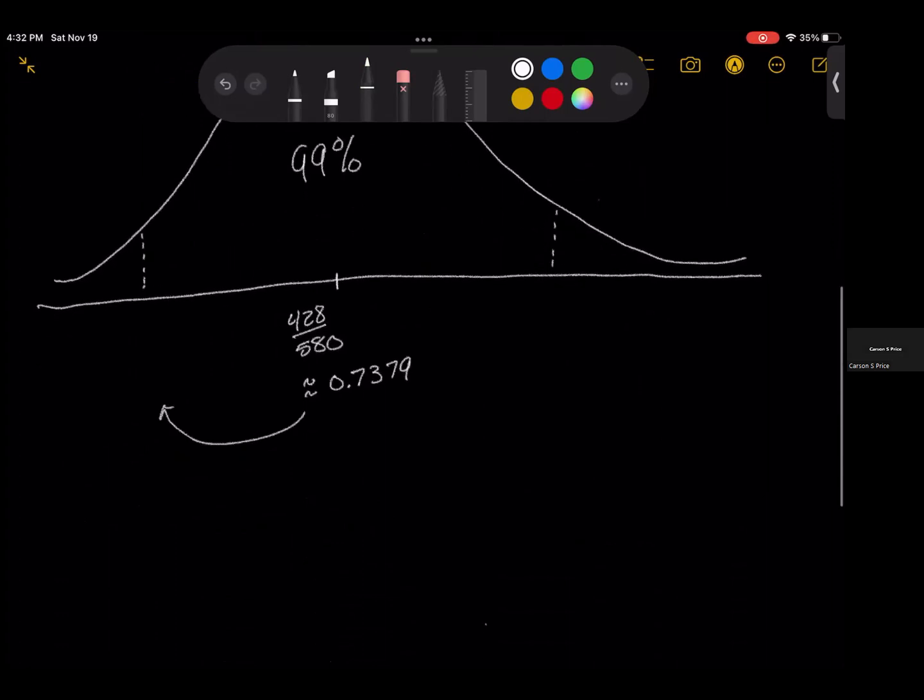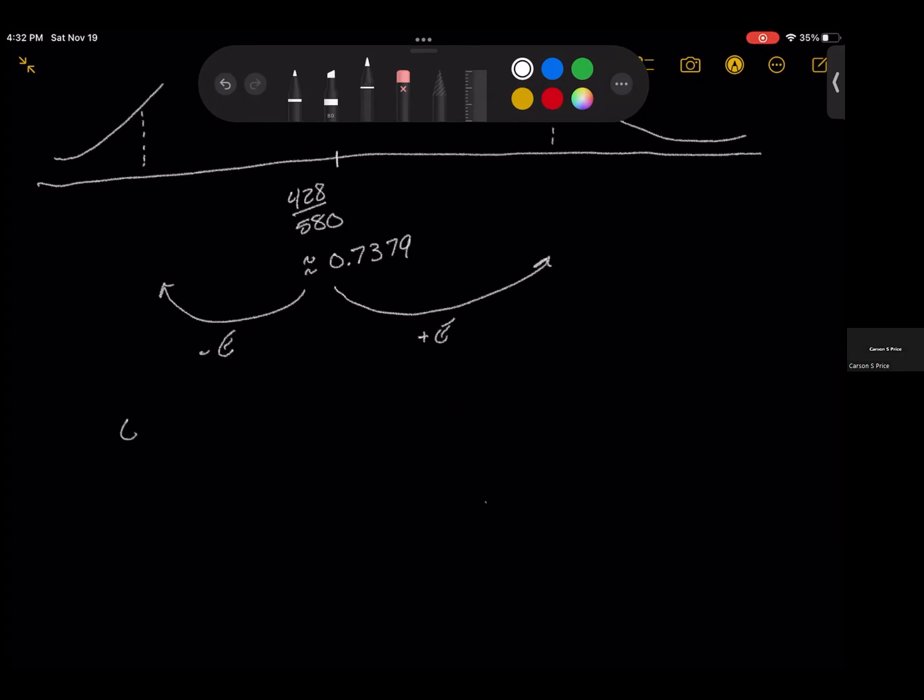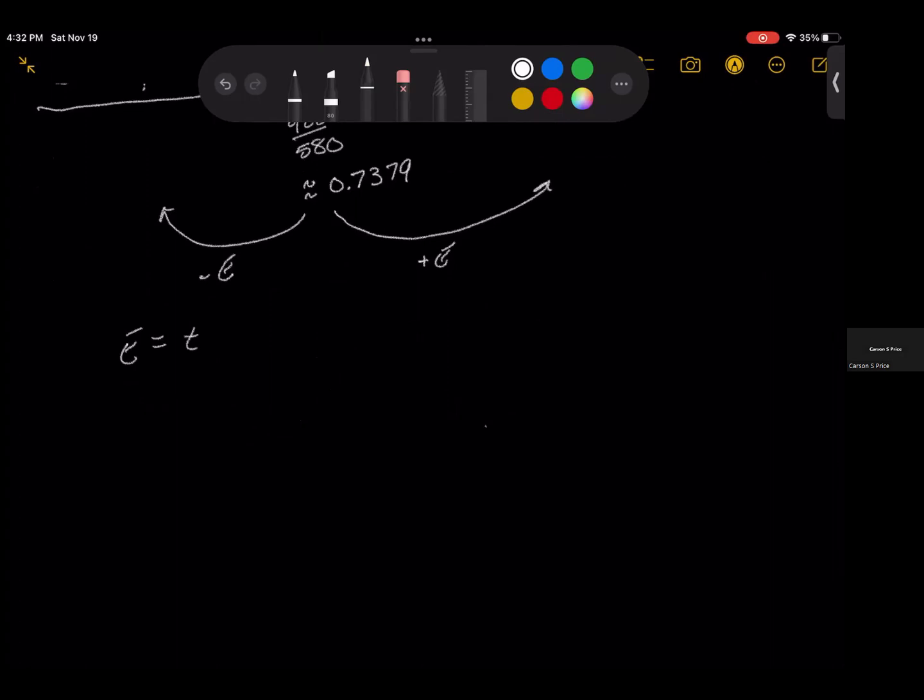So I start at my center of the curve at the measured proportion from the sample data, and I move, so it doesn't look the same distance just because I'm a bad artist, but I move to the left by some error and to the right by some error, where this error is given to me by a critical value times a standard deviation, right? This is also true for averages.